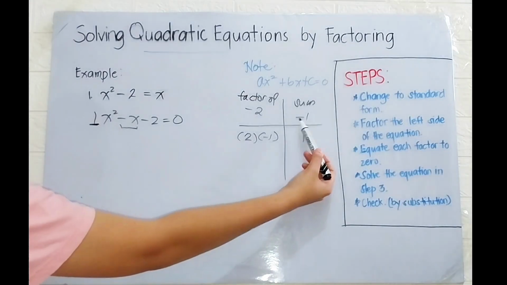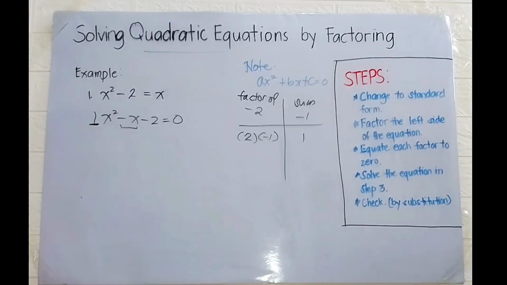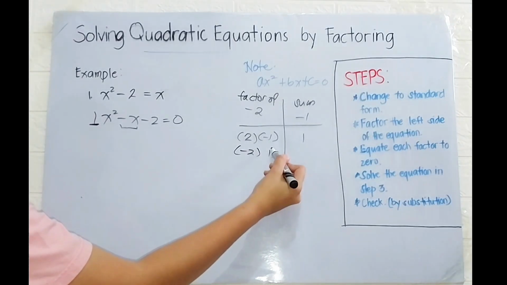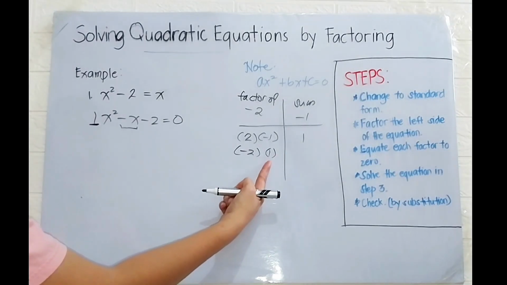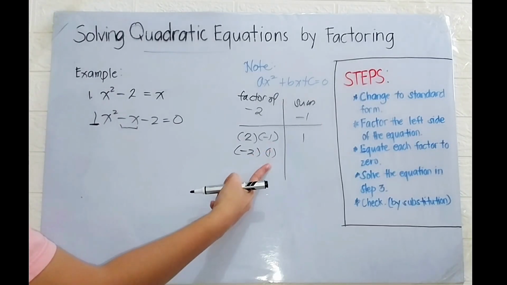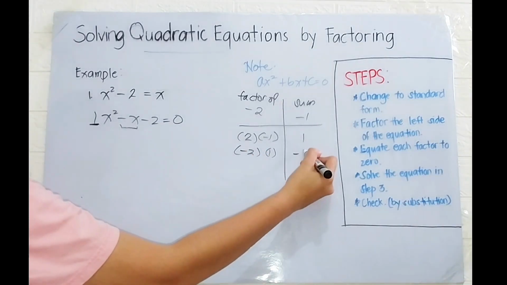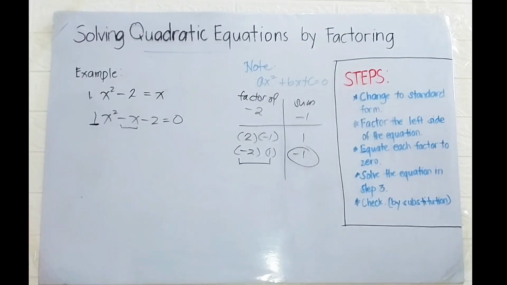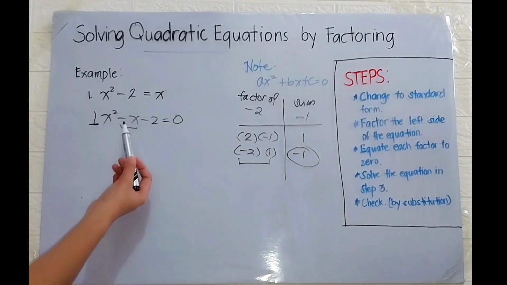Positive 1 is not equal to negative 1, so we need to look for another factor. Let's try negative 2 times positive 1. Negative 2 times positive 1 is negative 2. Negative 2 plus positive 1 is negative 1. So, this is our correct factor because the sum is the same as our b.